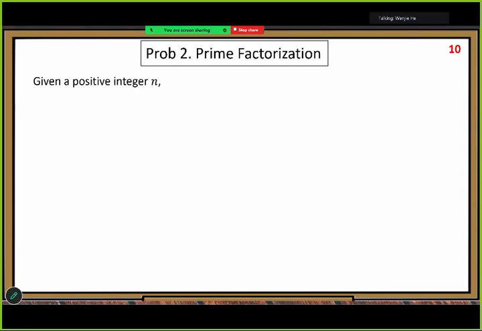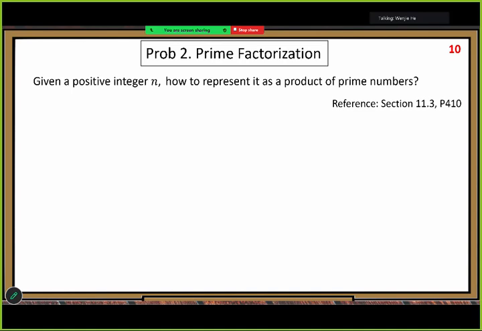Given a positive integer n, how to represent it as a product of prime numbers. That's the prime factorization. Here is the reference. It's very easy to understand the question, so that's why I put it here.